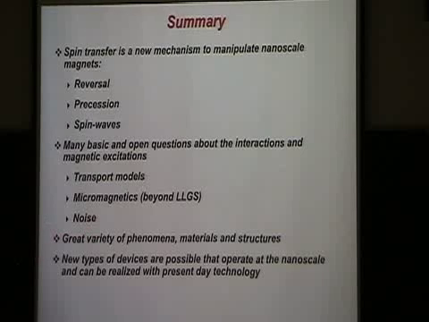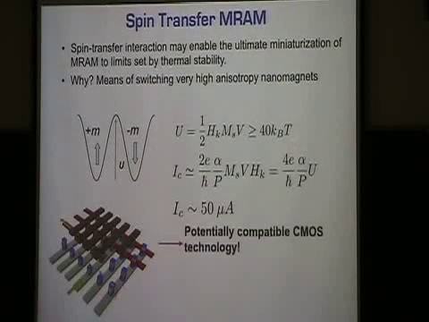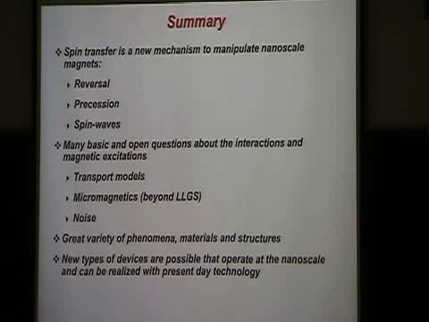How do you understand noise when you have spin currents? There really is a great variety of phenomena. I haven't spoken about everything. Current-induced domain wall motion is a major effort in a number of laboratories, and there are really new types of devices that can operate, which is one of the reasons this is an area that's growing in experiment and in theory. Thank you.